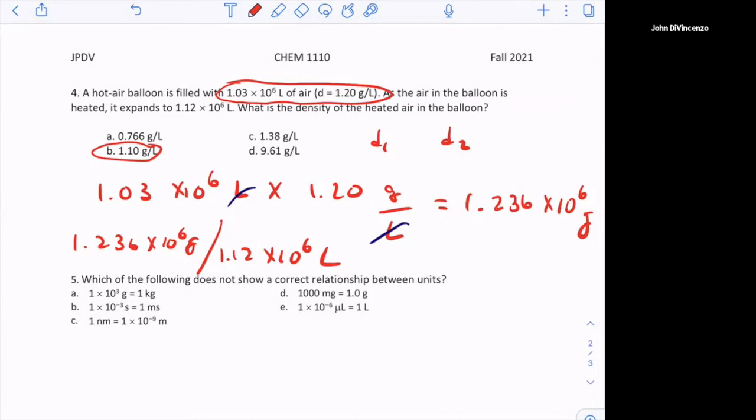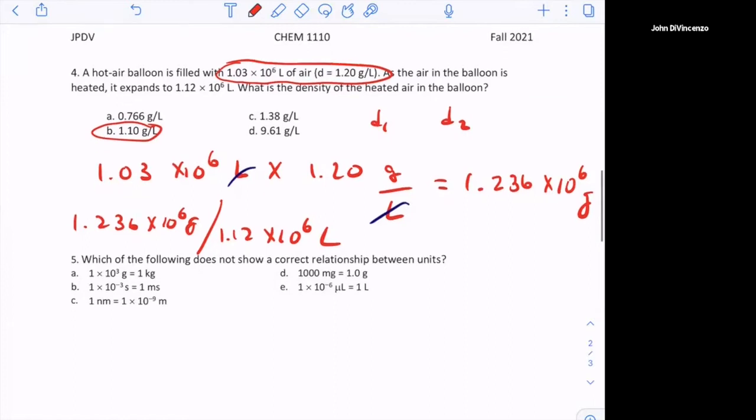It's got to decrease, so it's got to be either A or B. Questions? We good? All right.